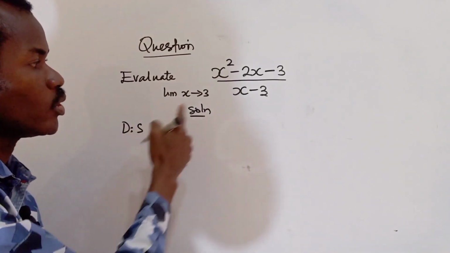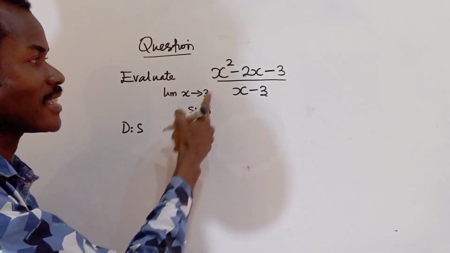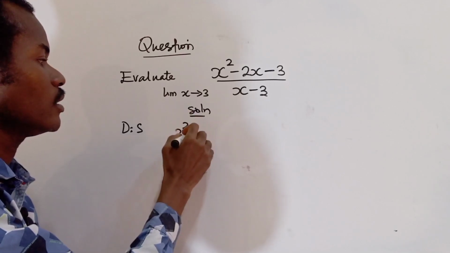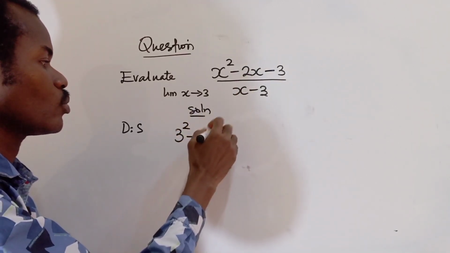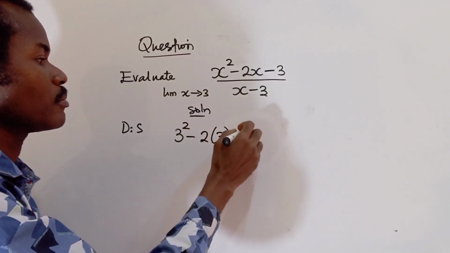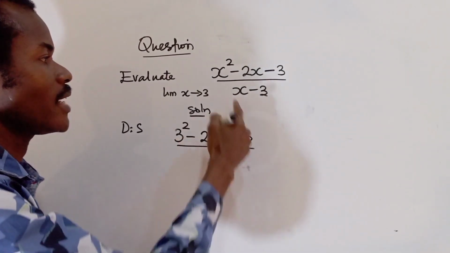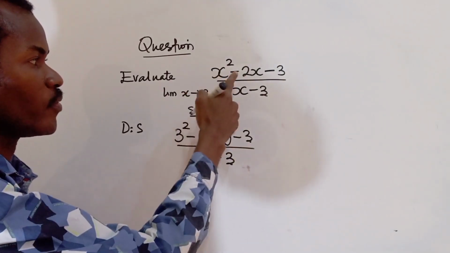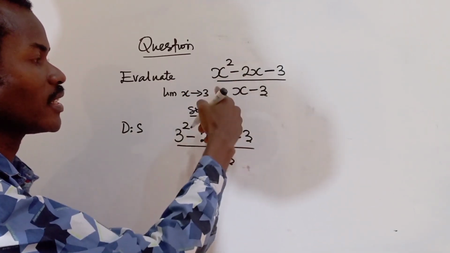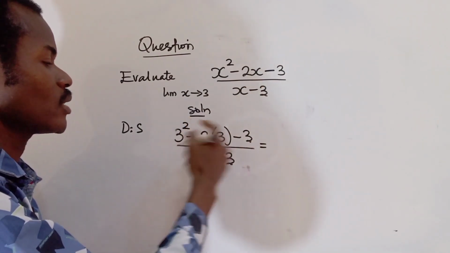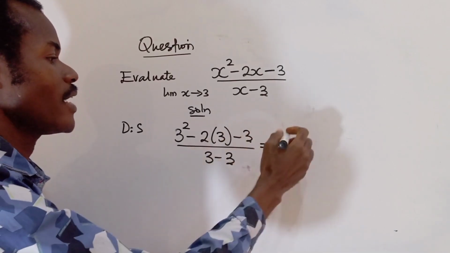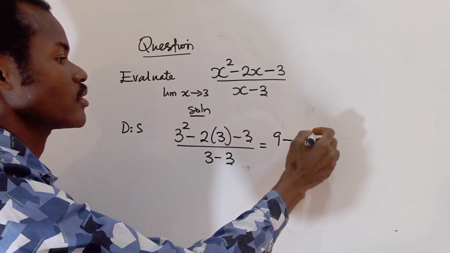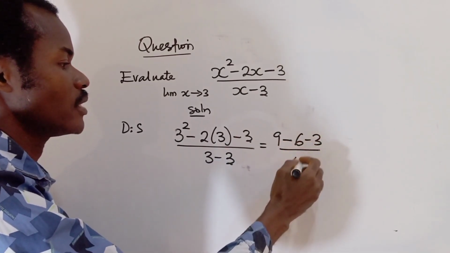For direct substitution, you want to substitute x as 3 in this expression. So we are going to have 3 squared minus 2 multiplied by 3, minus 3, divided by 3 minus 3. So x has taken the place of 3. 3 squared is 9. We have 9 minus 2 times 3, which is 6, minus 3, divided by 0.